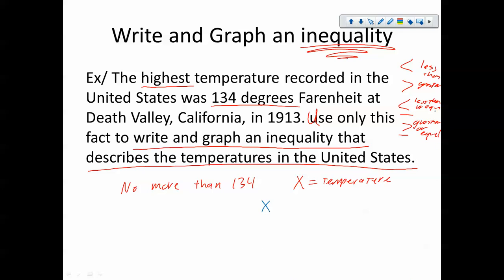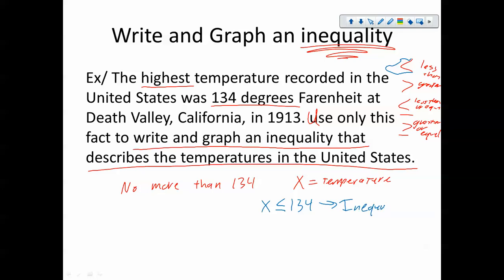If you will recall, the alligator eats the bigger number. So if this is my x, then I want this to be less than or equal to, because this means that x cannot be bigger than 134. And that's what we're saying with this temperature, that it can't be bigger than 134. So there's my inequality.